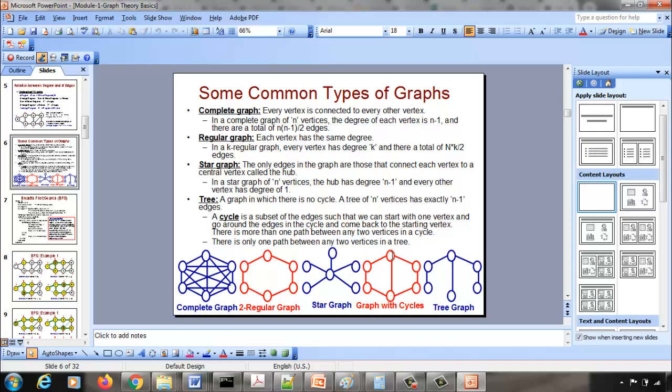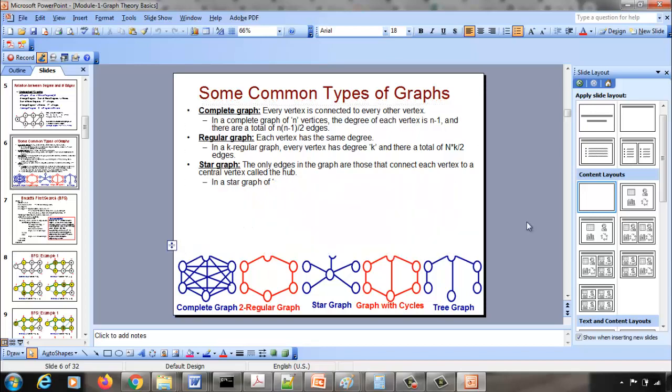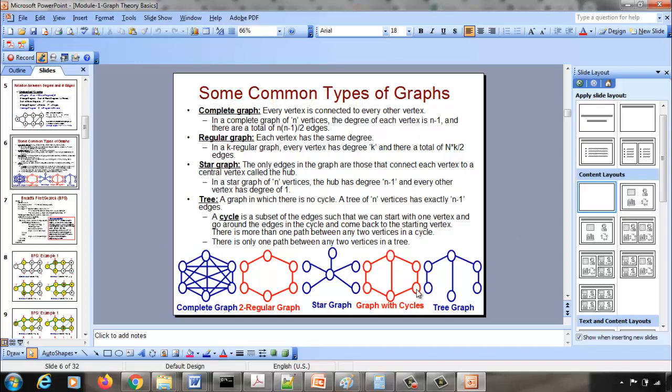So for example, between this vertex on the top and this vertex here, you could either go this way or go this way. It's an undirected graph also. So there could be more than one path between vertices that are part of a cycle.